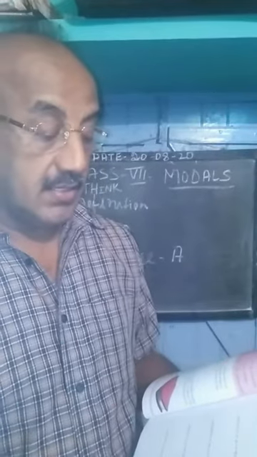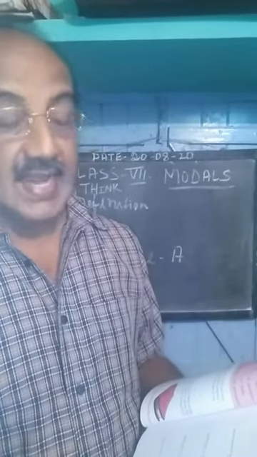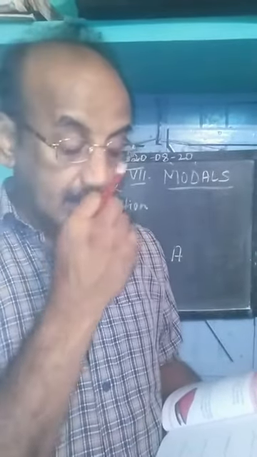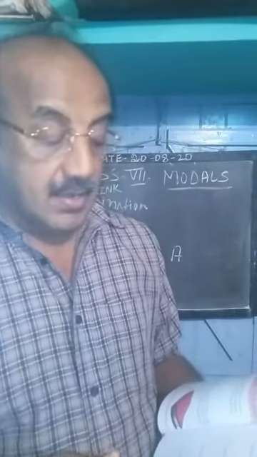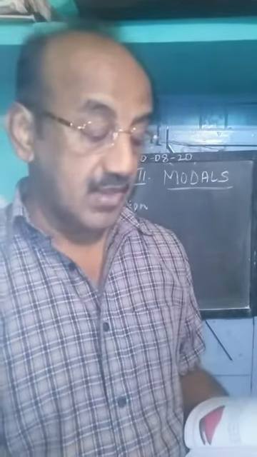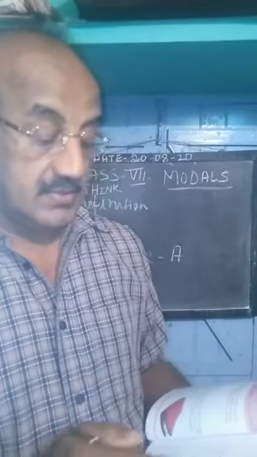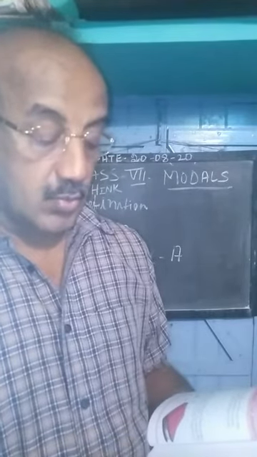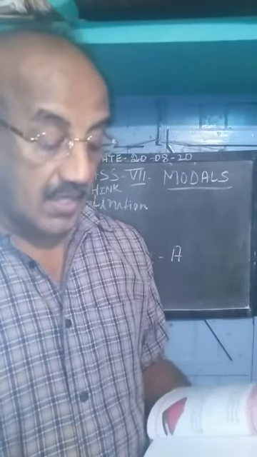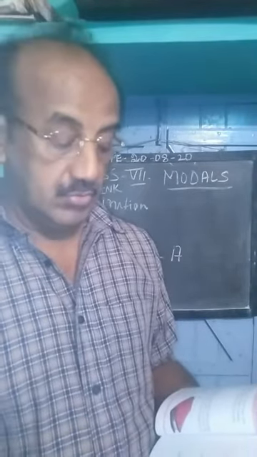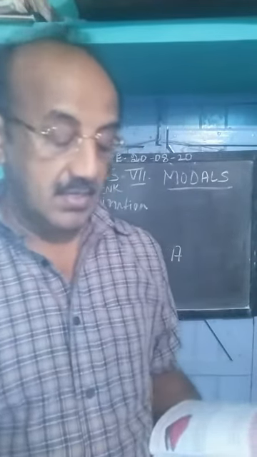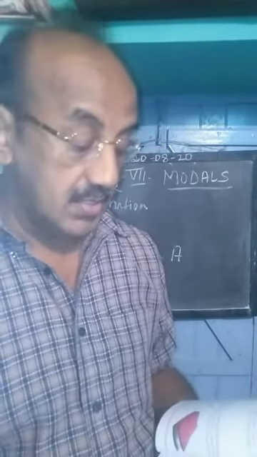Permission to enter the classroom. You have to use a formal. May I enter the classroom. It's formal. Second one, permission to go to the washroom. Again formal. You can also use could. Could I go to the washroom? Whether could I, could he, could she, any noun you use.